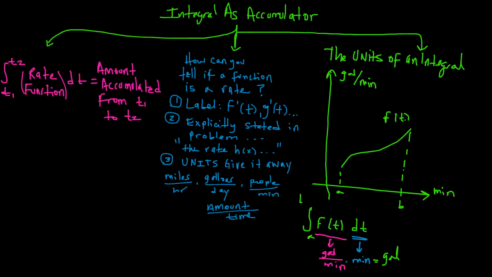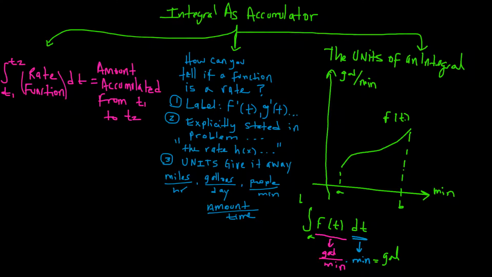And f of t dt means f of t times dt, but many times we just don't write the multiplication symbol. It's actually preferred not to have the multiplication symbol here, but you should understand that it means f of t times dt, and so then when you multiply the units, the minutes cancel out, you end up with gallons.